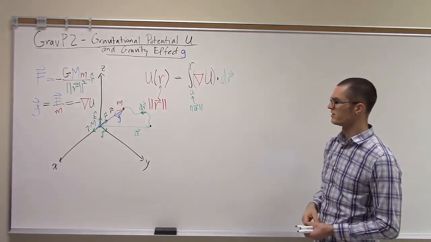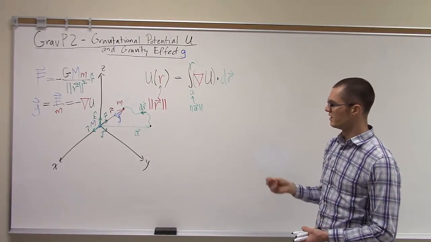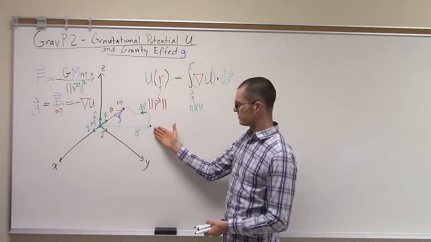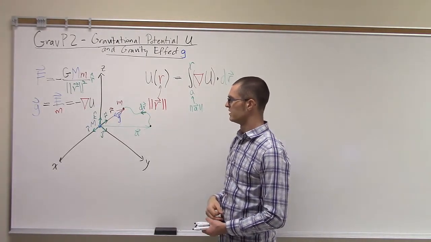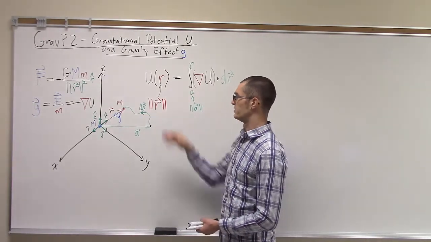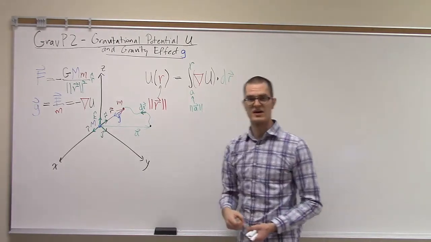So that's an important concept. We are going from some point A to this point right here, and it doesn't matter what path we take, we'll get the same value for the potential.